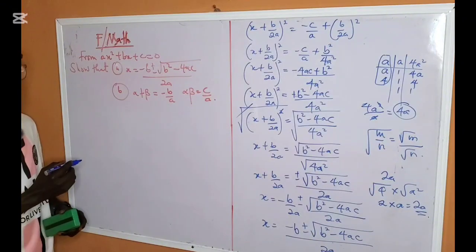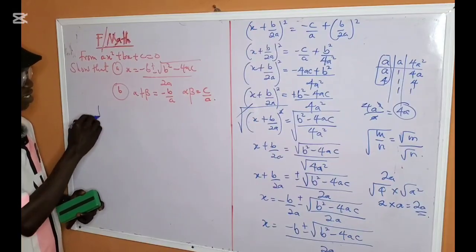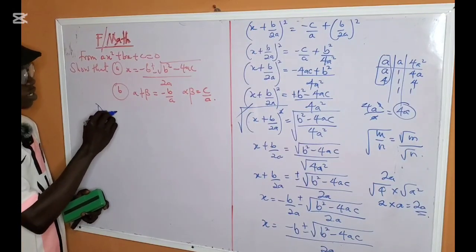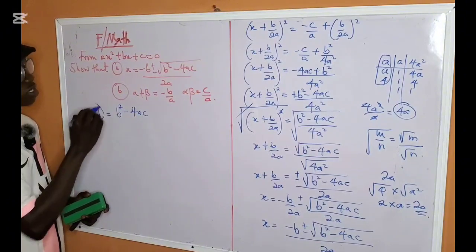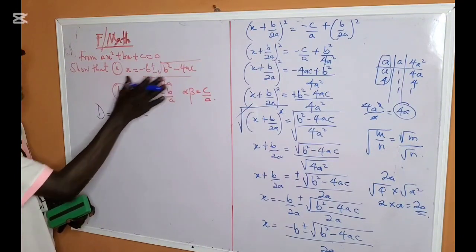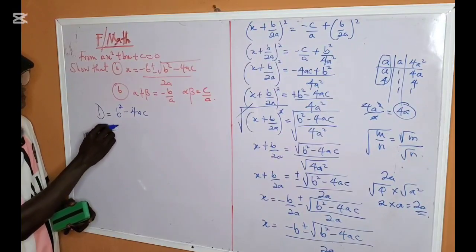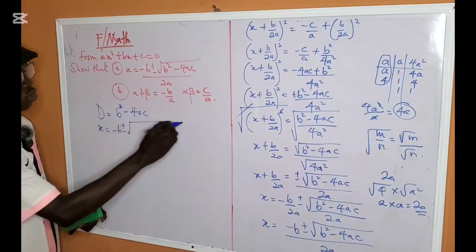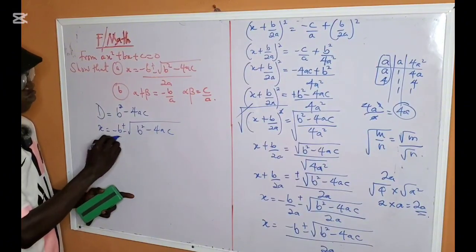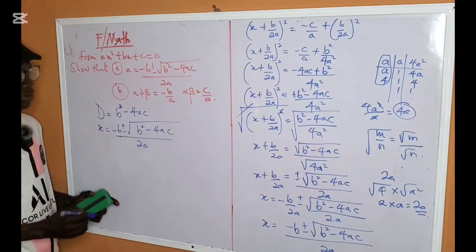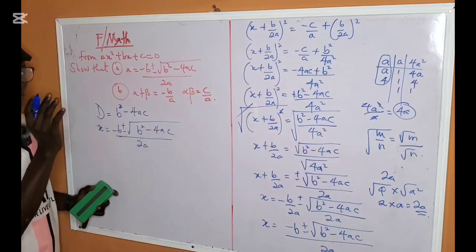Now before we start solving and getting our calculation, remember that discriminant equals b squared minus 4ac. So from this point, which is our quadratic formula, x equals minus b plus or minus square root of b squared minus 4ac over 2a. That means we can write this in two ways.